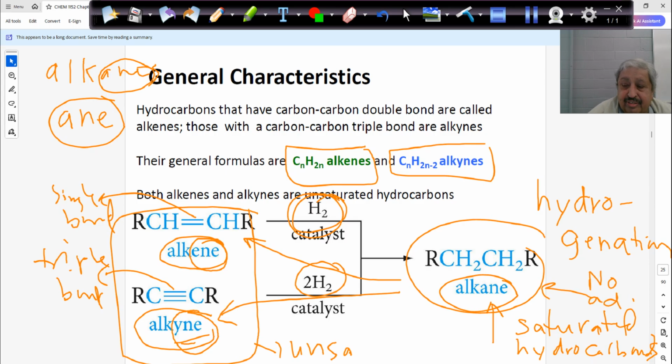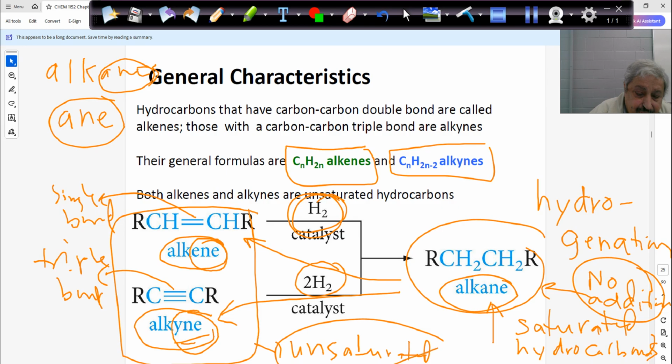You cannot add to them hydrogen, for example. Here, unsaturated. Why? Because I can add to them. Addition is possible, and that's what we add here, hydrogen. So addition is allowed, and these are unsaturated hydrocarbons.